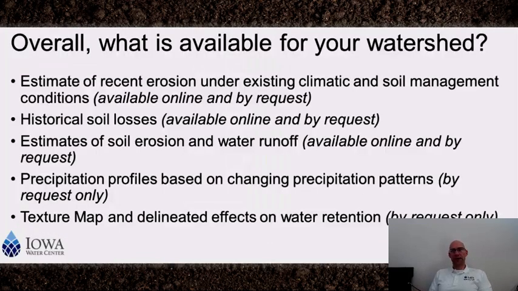So beyond these things, what can we provide for your watershed? As you've seen, we can do estimates of recent erosion under existing climatic and soil management conditions. So essentially, what's happened in previous years, going back to 2008, is our current limit in time.